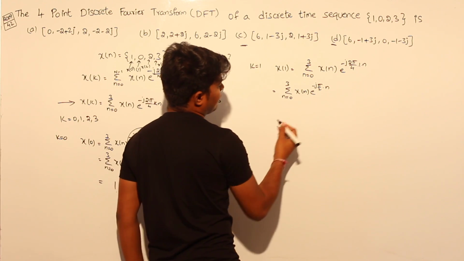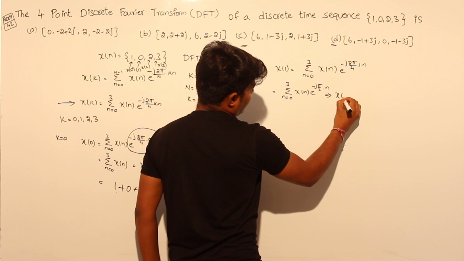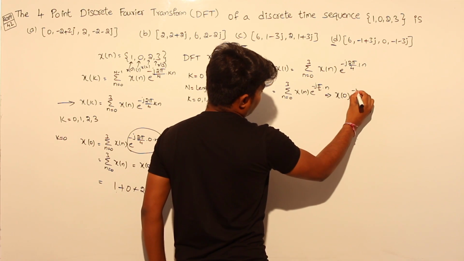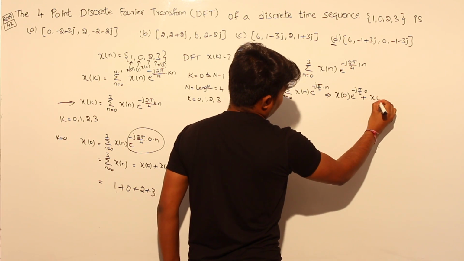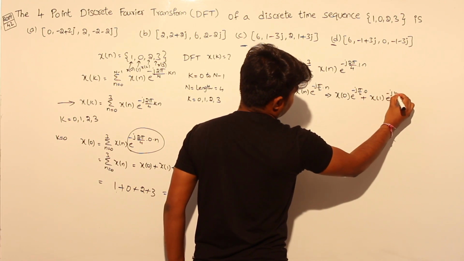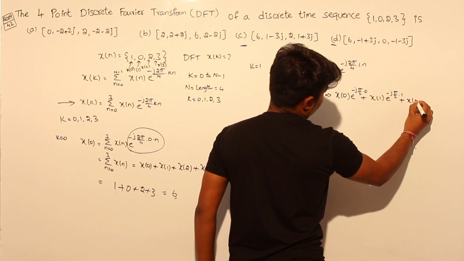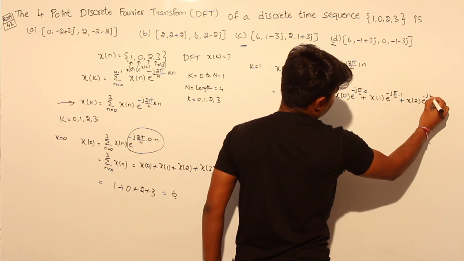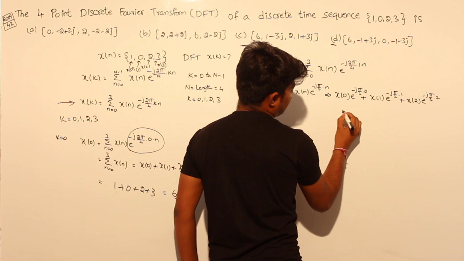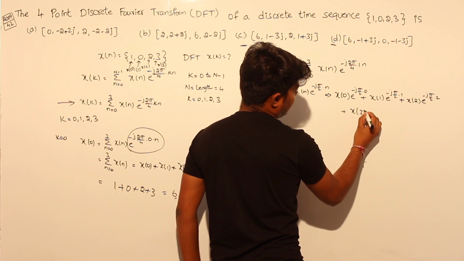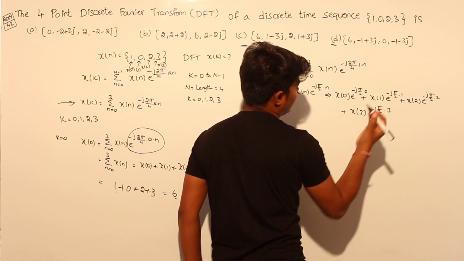Now give the n values for the summation. This will be equal to x of 0 into e power minus j pi by 2 into 0 plus x of 1 e power minus j pi by 2 into 1 plus x of 2 e power minus j pi by 2 into 2 plus x of 3 e power minus j pi by 2 into 3.